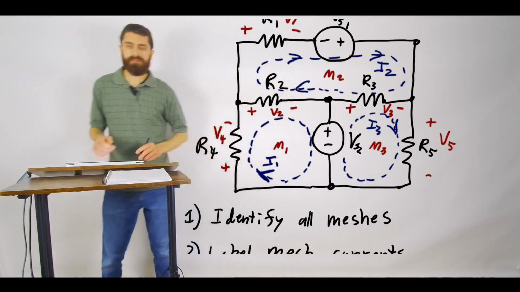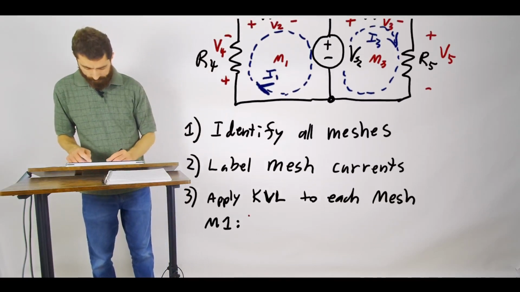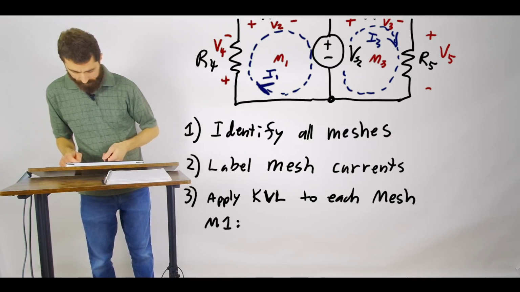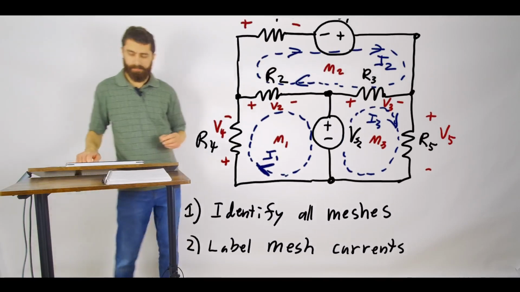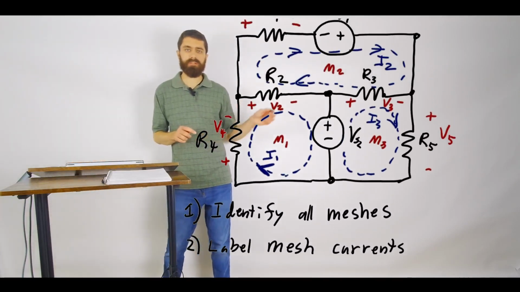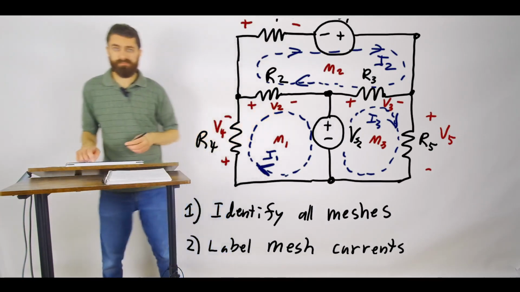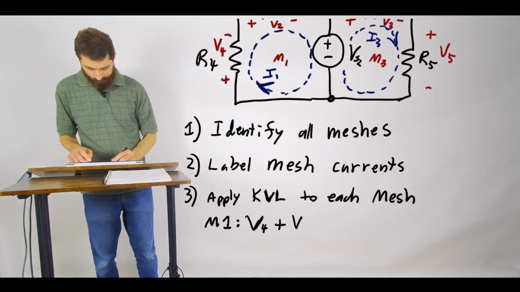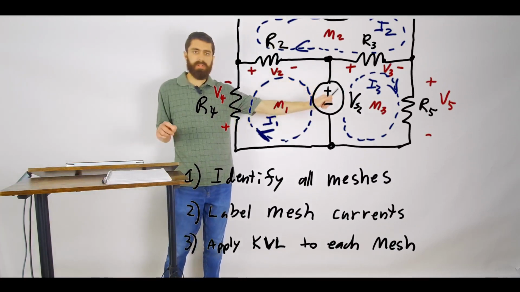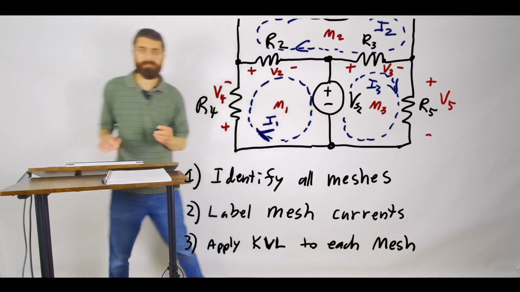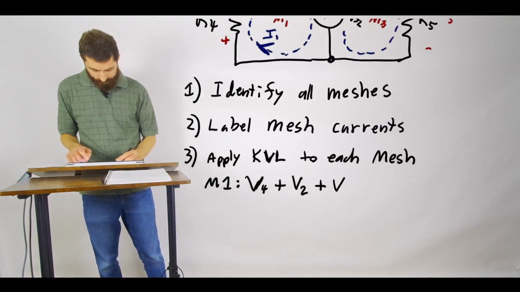So plus V4, plus, oh, we hit another plus sign, so plus V2, and then we go around and hit plus here, plus VS2. It's equal to 0.